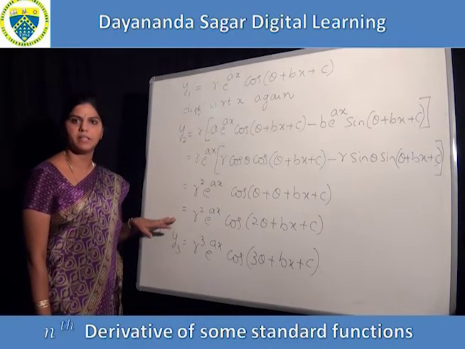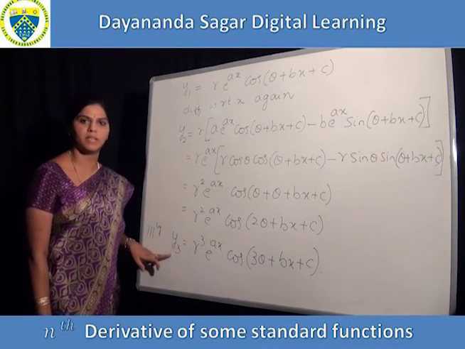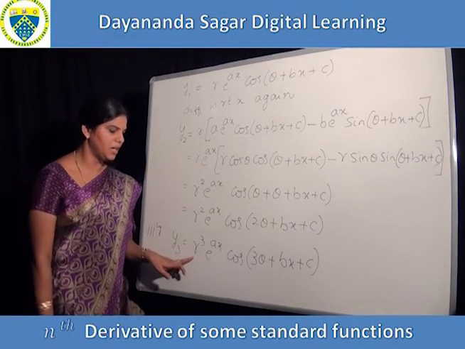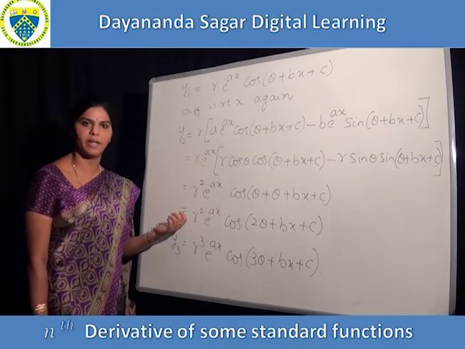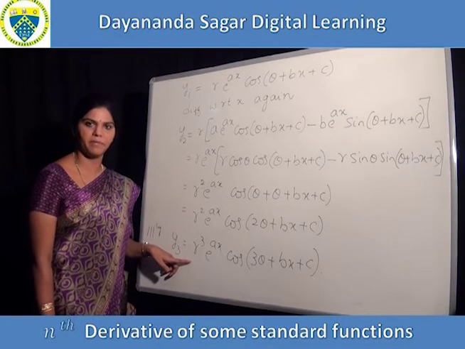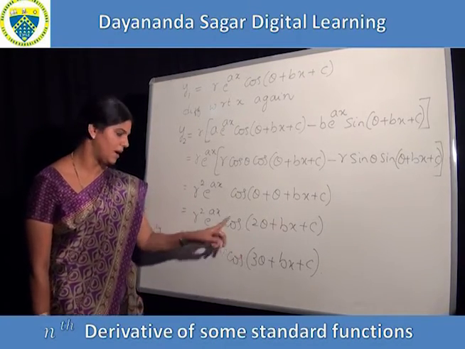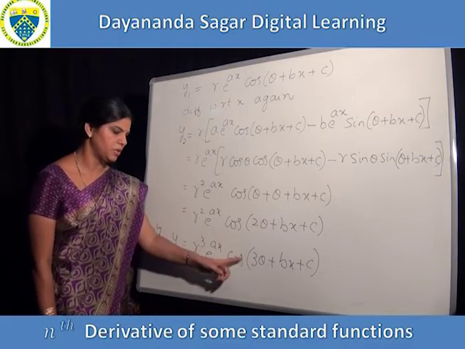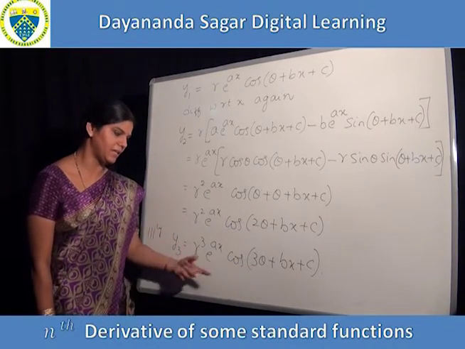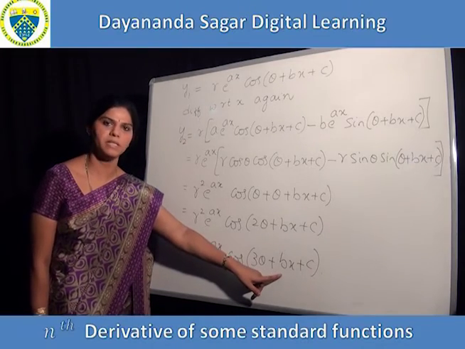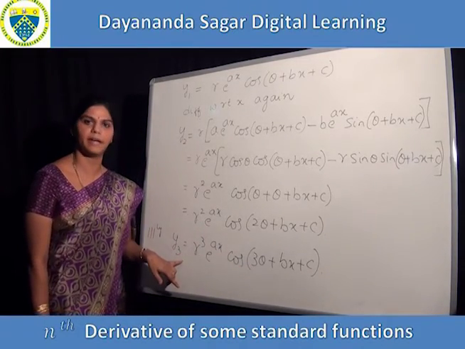Once again differentiating this with respect to x, we get the third order derivative y3, which is r cube. So I can write from the second order derivative the third order derivative y3, which is r cube e power ax into cos of, you have 2 theta in y2, so it should be 3 theta in y3, 3 theta plus bx plus c. So this is the third order derivative.